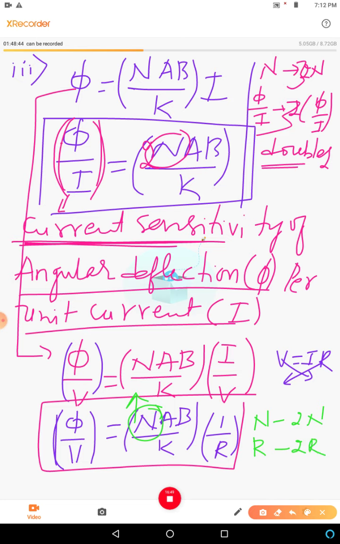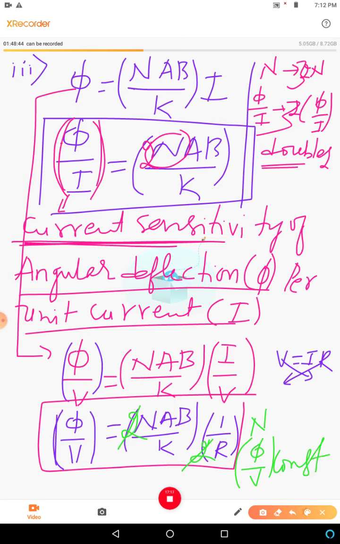If n doubles, r doubles. So this becomes 2n and this becomes 2r, so 2 and 2 get cancelled, and the same thing remains. So as n increases, the voltage sensitivity phi by V remains constant, it will not change.